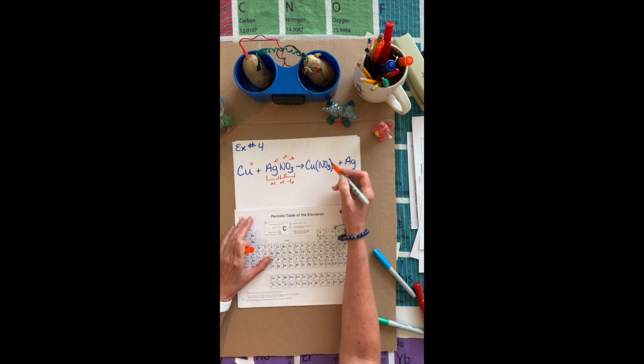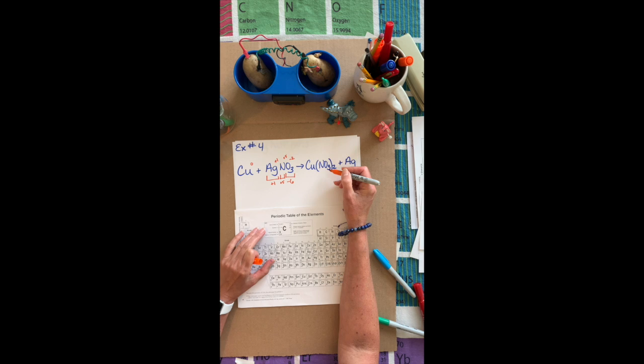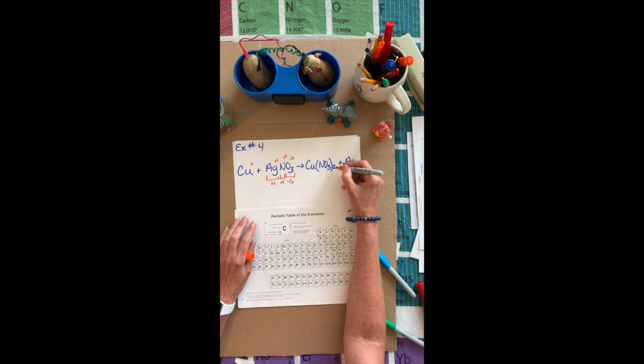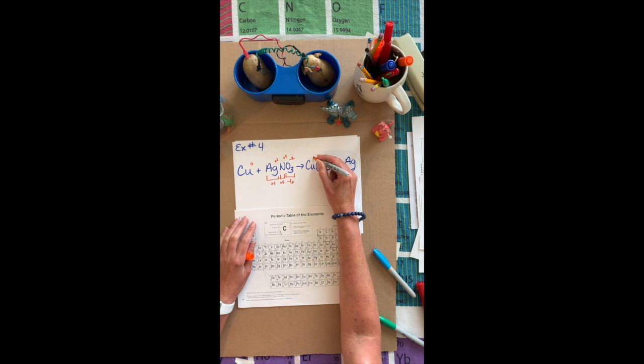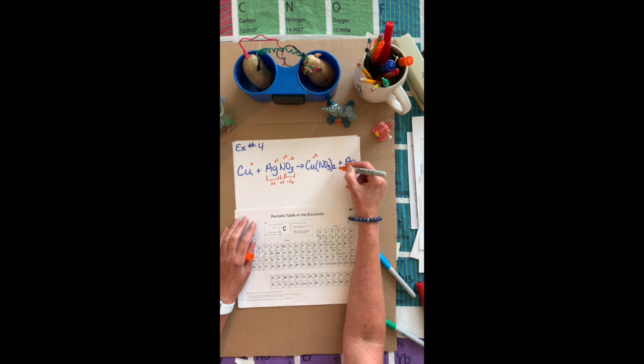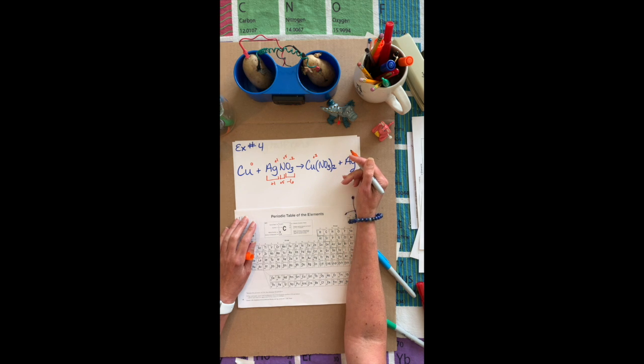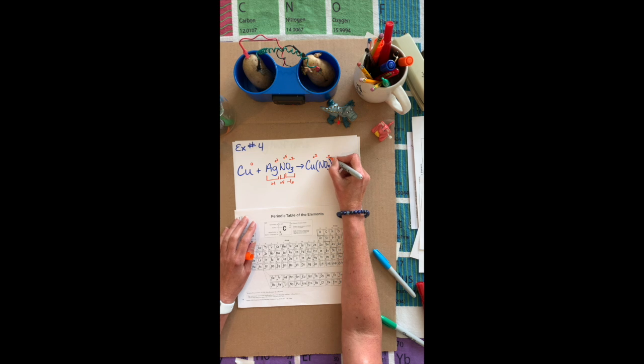Okay, we look here at our copper. Well, copper has multiple options here. So I actually can identify which oxidation state that copper is, because in writing this formula, if you recall, in the crisscross method, we had to do that. Right? The +2 had to go down here. So I actually do know the oxidation state in this case. Our oxygen is always a -2.